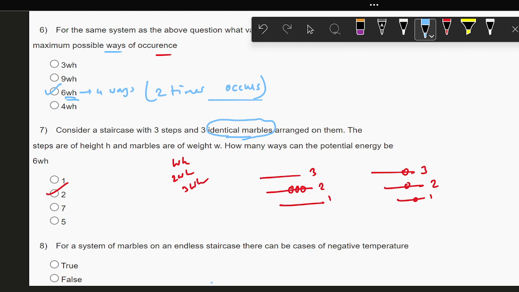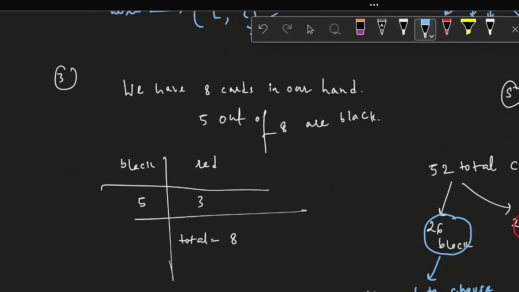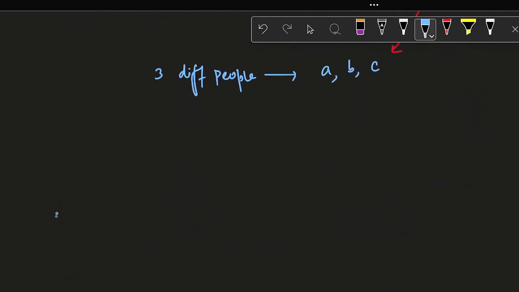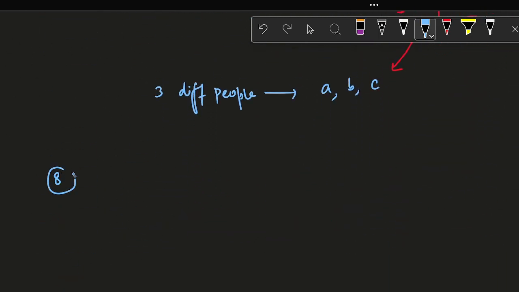This is a question that you can readily answer if you have just followed the lecture video of week 1, because there itself this example is given: for endless staircases, or an endless number of possible states, when there is no restriction like that, then the temperature cannot be negative. So negative temperature will be false. Let me go into a bit of detail on why. So this is question number 8.